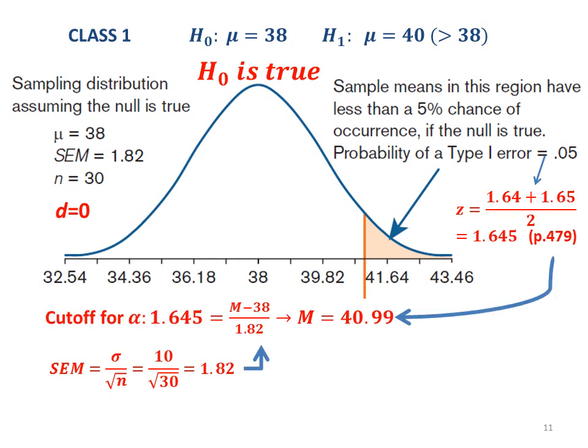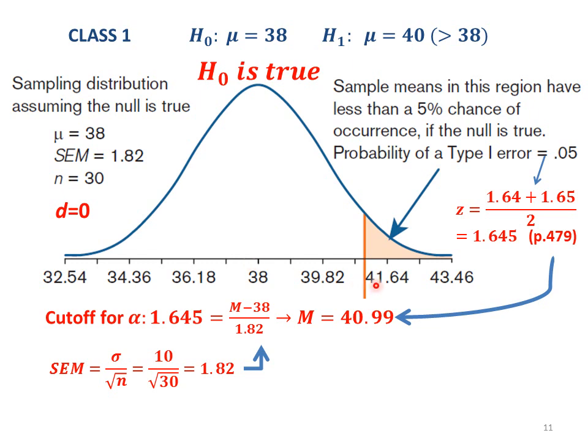The cutoff value is 1.645, and we know the population mean, and we know the standard error of the mean, so the sample mean should be 40.99, which means 40.99 is 1.645 standard deviations above the population mean.